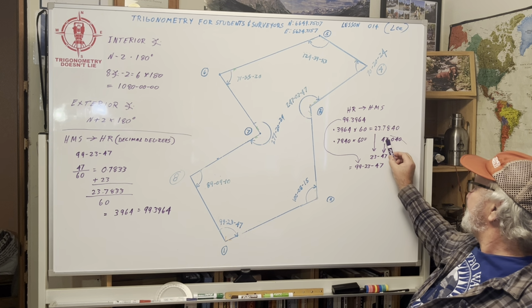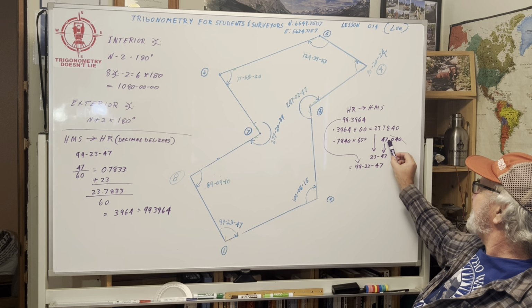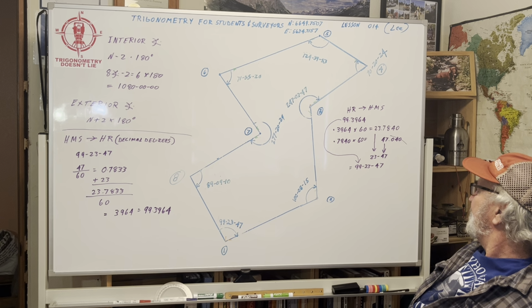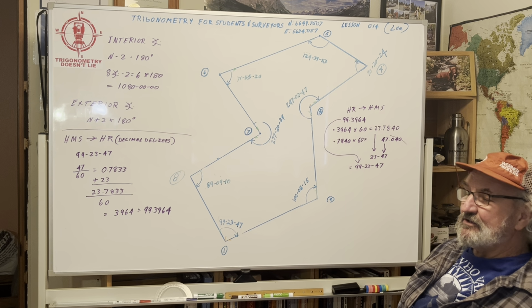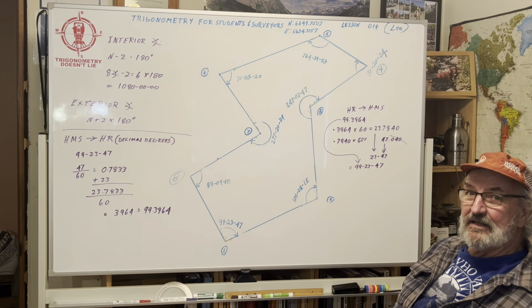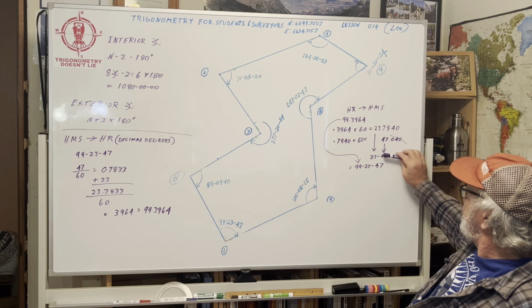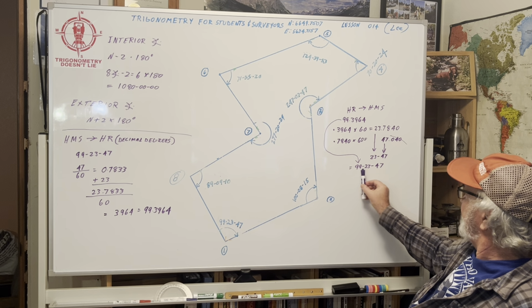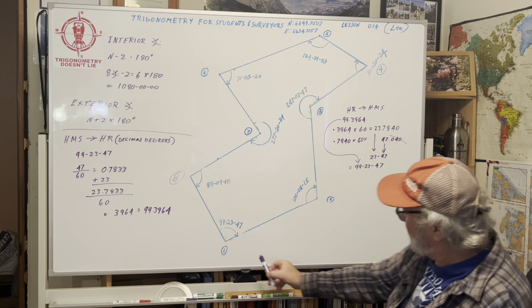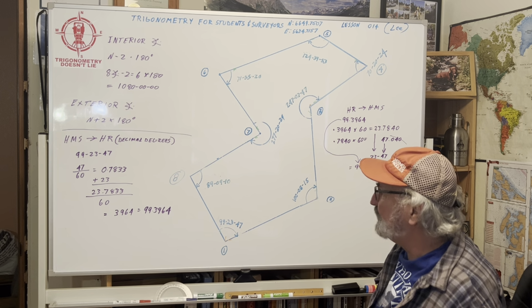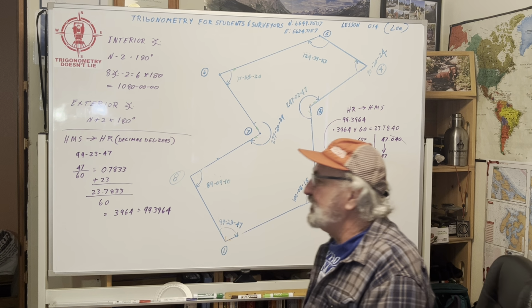But keep in mind, this is in seconds, so it's 1 second plus or minus. Not a big deal because there are 3,600 seconds in every degree. So bring down your 23, bring down your 47, and you're back to 99, 23, 47.